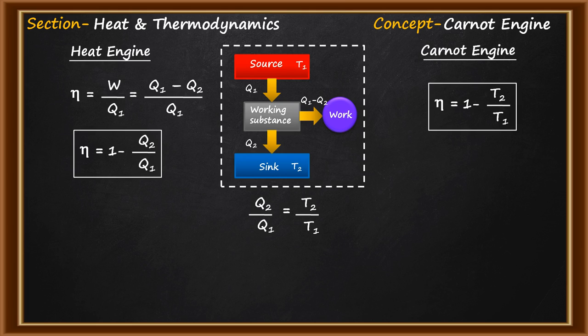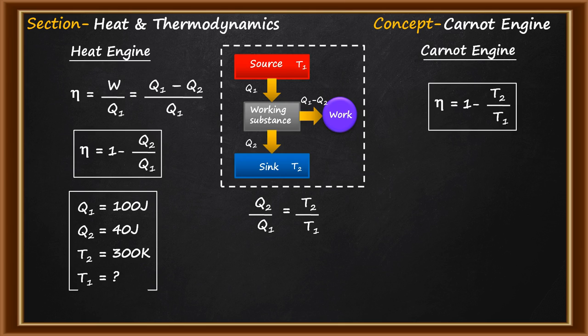Now in the given question, the Carnot engine extracts 100 joule from the source and rejects 40 joule to the sink at temperature 300 Kelvin, and we need to find out the temperature of the source. So that means we have Q1 is equal to 100 joule, Q2 is equal to 40 joule, T2 is equal to 300 Kelvin, and T1 is what we need to find out. So these are the data we have.